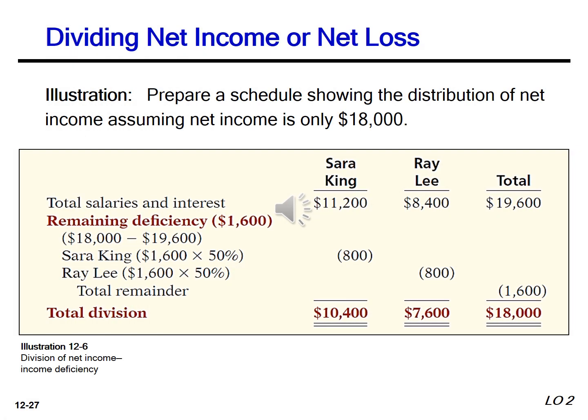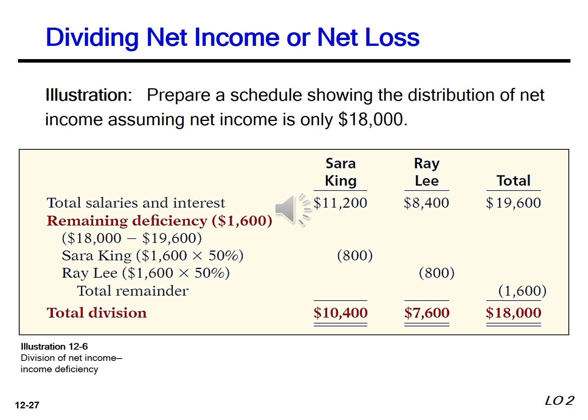Here we assume another scenario. In this scenario, as you can see, the net income generated by the business does not cover the salaries and interest. So here it says prepare a schedule showing the distribution of net income, assuming net income is only 18,000. And as you remember from the net income breakdown we've done before, the total salaries and interest that each of the partners should earn total to an amount higher than 18,000, which is 19,600.